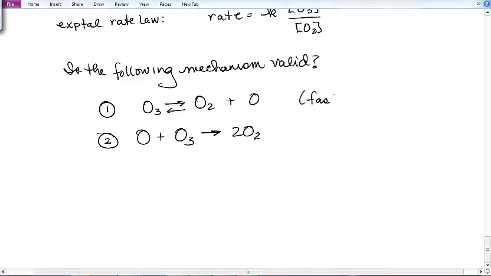First step is predicted to be the fast step. Second step is predicted to be the slow step. This first step, you guys, is an example of unimolecular, starting with just one molecule, as compared to the second step, which is bimolecular.